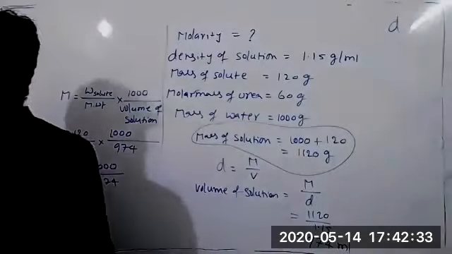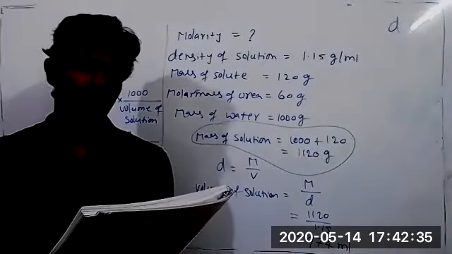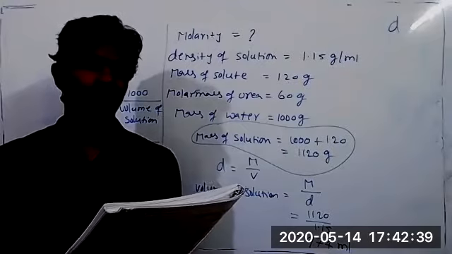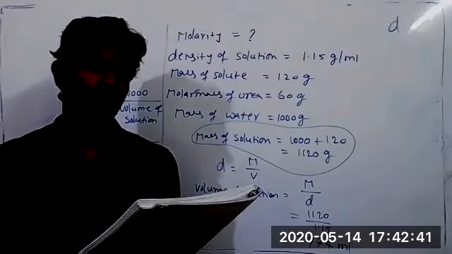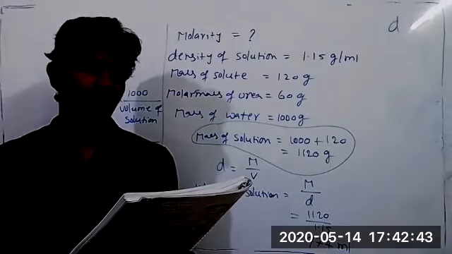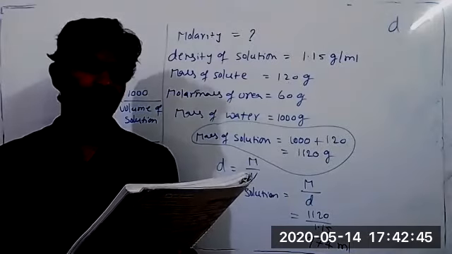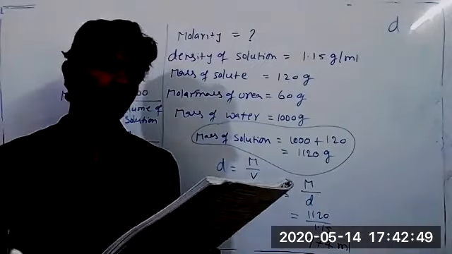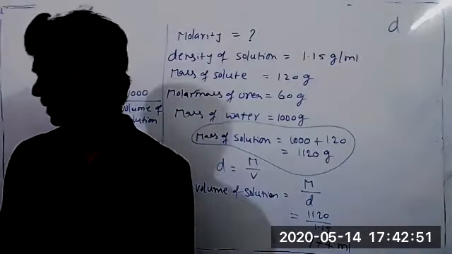What Kf of water is given? 1.86. If your automobile radiator holds 1 kg of water, how many grams of ethylene glycol must you add to get the freezing point of the solution lowered to minus 2.8 degrees centigrade?